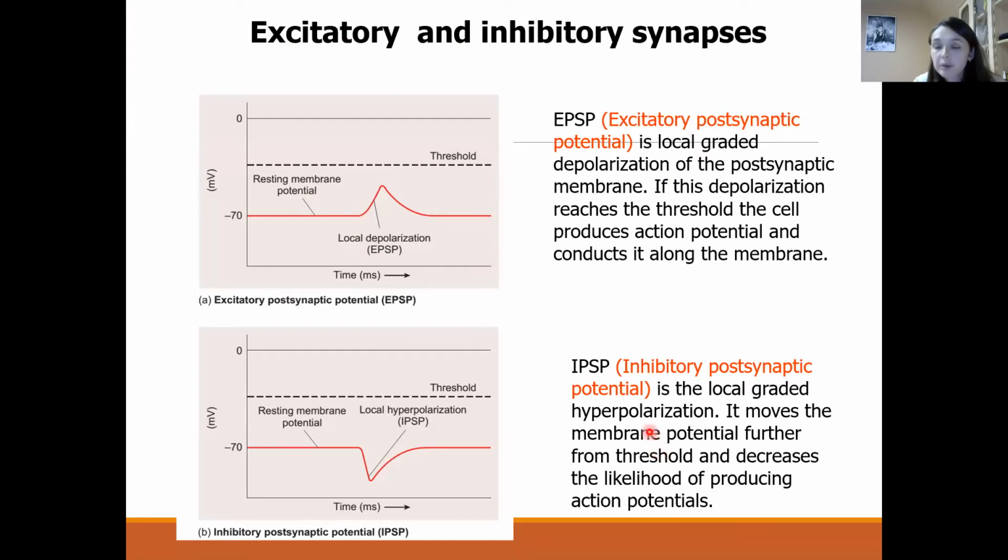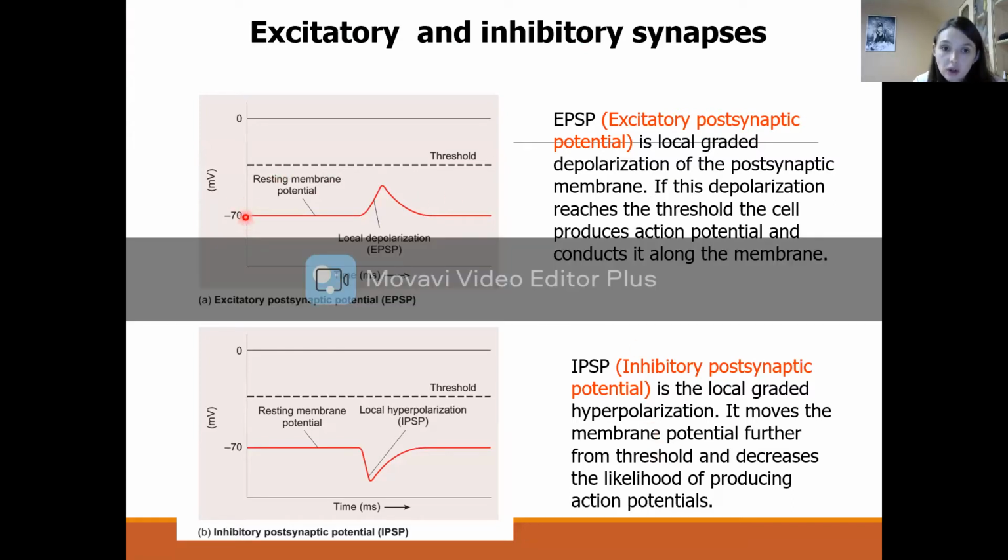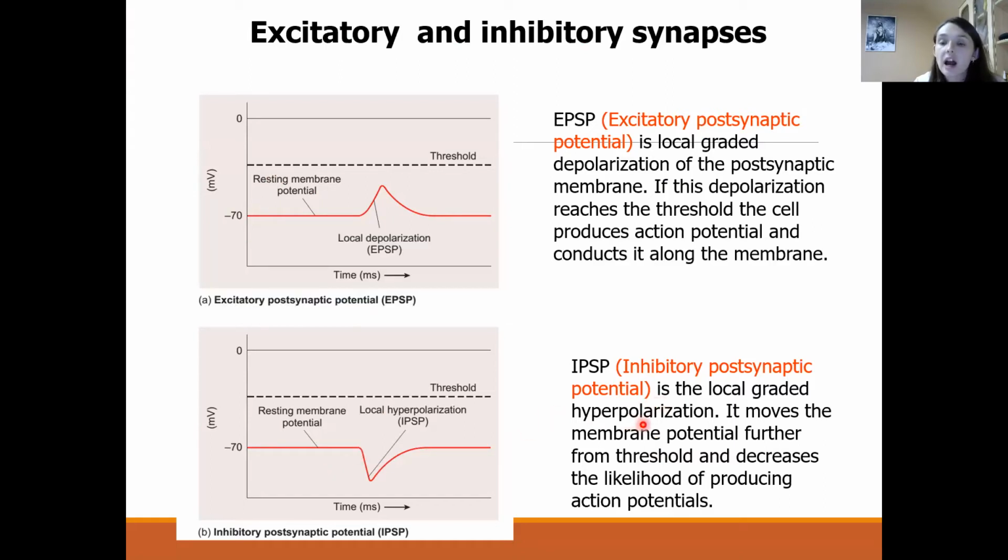Excitatory postsynaptic potential is a local graded depolarization of the postsynaptic membrane. If this depolarization reaches the threshold, the cell produces action potential and conducts it along the membrane. Inhibitory postsynaptic potential is the same local graded hyperpolarization.